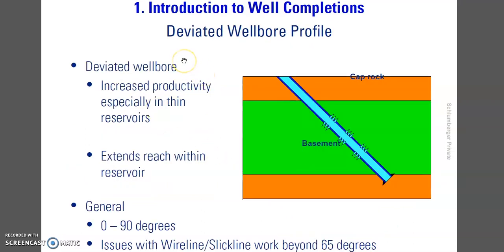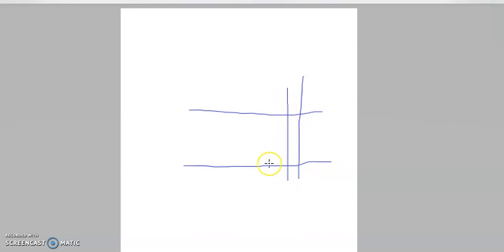Okay, let's start with deviated well profile. First thing we have to know is why we should drill deviated wells. As I've talked before, sometimes we need to drill in thin formation. So this is the vertical well.